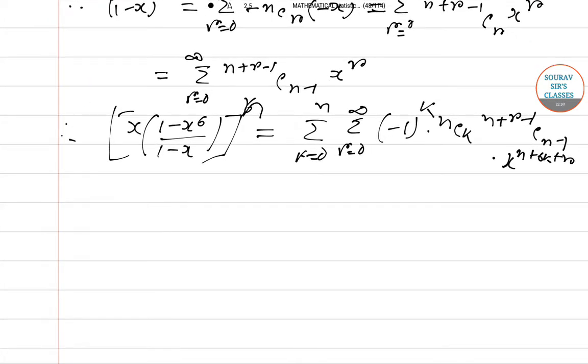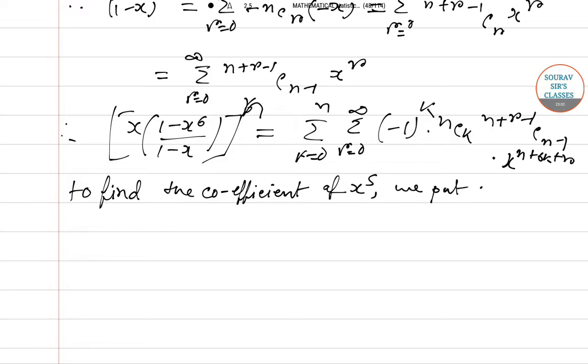Now to find the coefficient of x to the power s, we put n plus 6k plus r equals s, that is, r equals s minus n minus 6k.